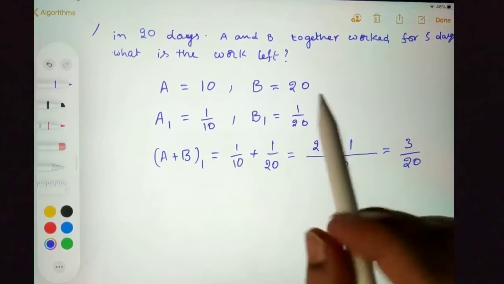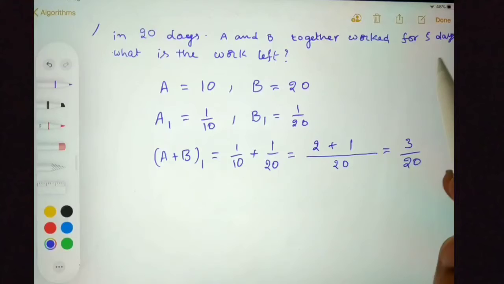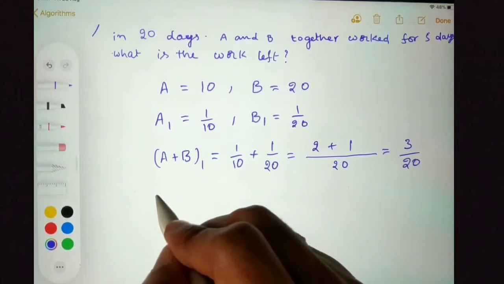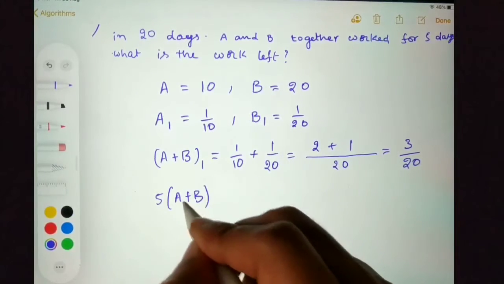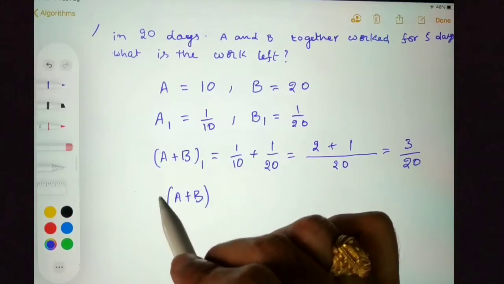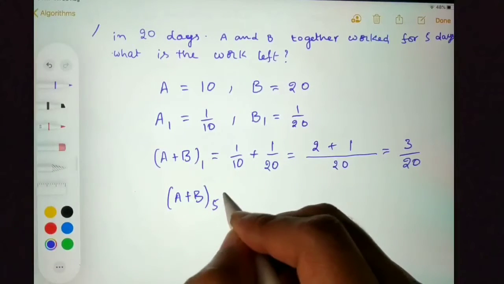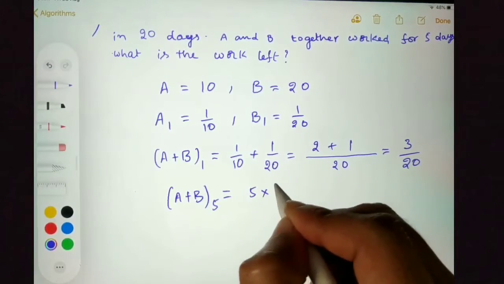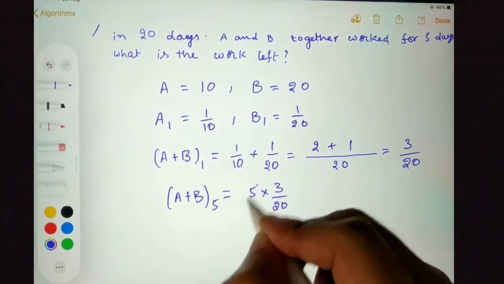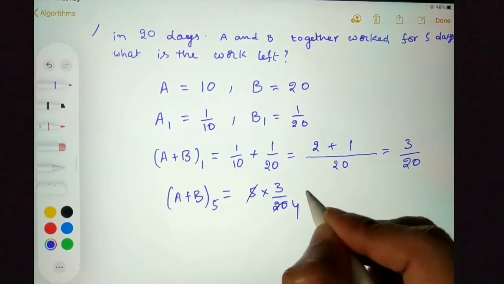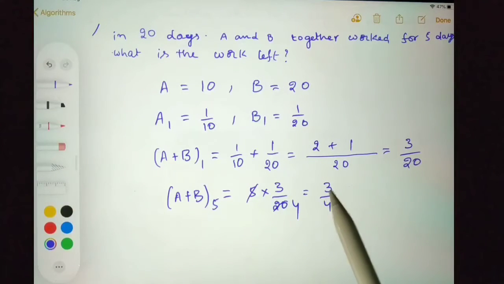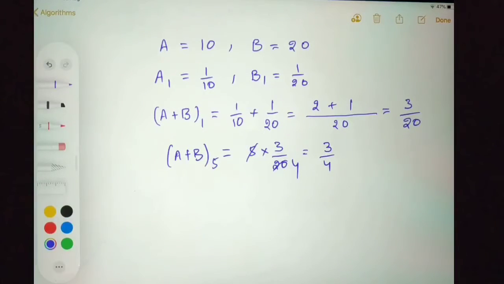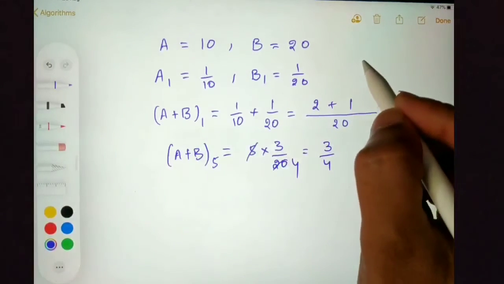A plus B together worked for 5 days as per the problem statement. So A plus B's 5-day work will be 5 into 3 by 20, and here 5 fours are 20, so 3 by 4. So this 3 by 4 is A plus B's 5 days of work. In time and work, the total work is always taken as 1.